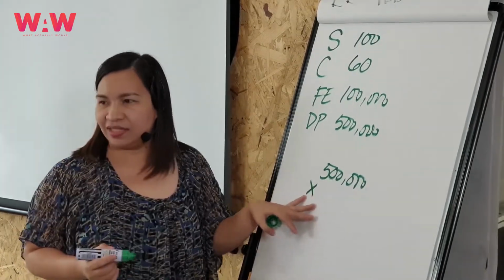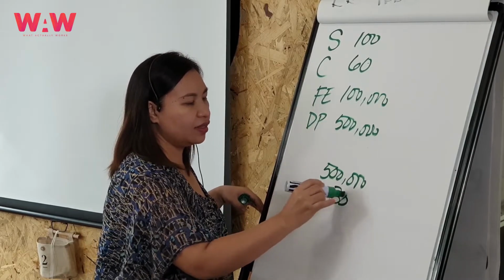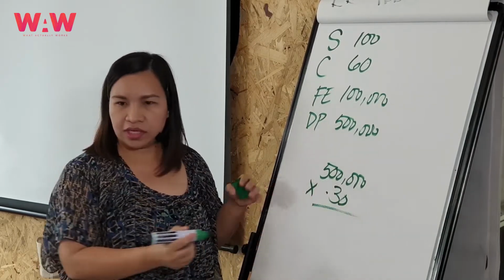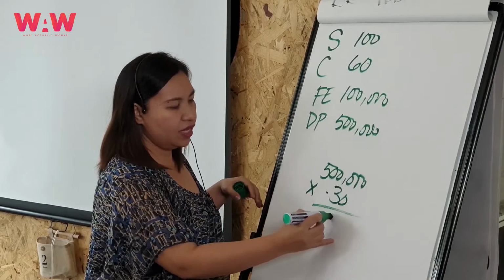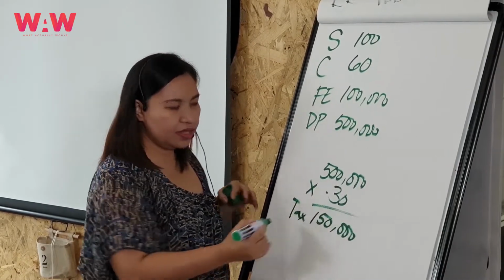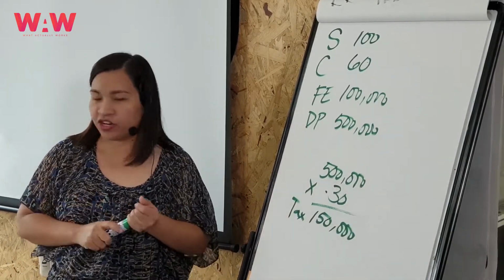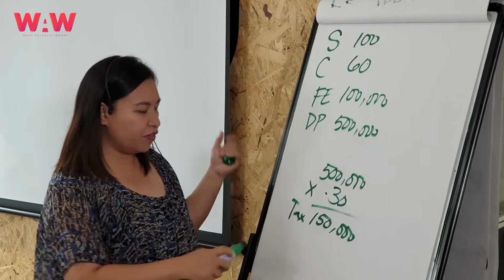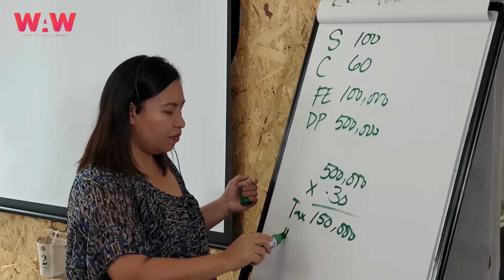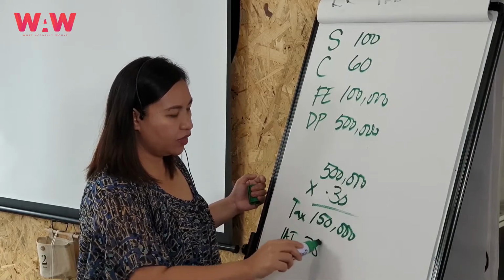So this is 150,000. This is your tax, and the remaining amount is your income after tax. So how much is the income after tax? Income after tax is 350,000.